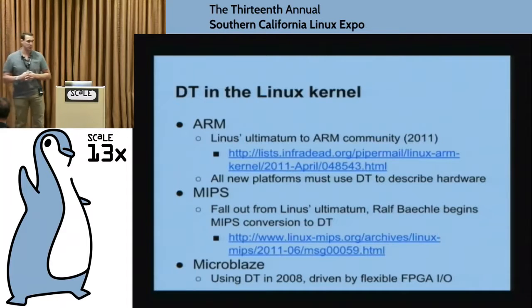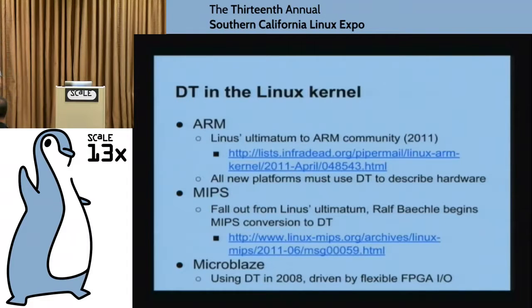After the ARM community talked about it quite a bit, a number of people who had been using device tree in the PowerPC community had been migrating over to working on ARM platforms. Grant Likely in particular drove this, and they felt that the best way to move that consolidation, like happened on PowerPC, was to mandate device tree for booting on ARM. Shortly thereafter, within 6 months, Ralf decided that MIPS was going to move that way as well.